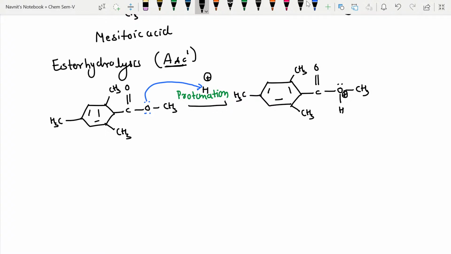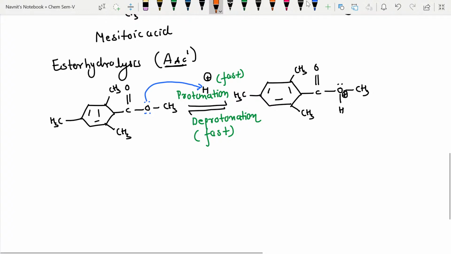But what will be the reverse step or backward step? The backward step is deprotonation. And the protonation and the deprotonation are always fast. This step is fast. This is also fast. Now what happened in the next step?